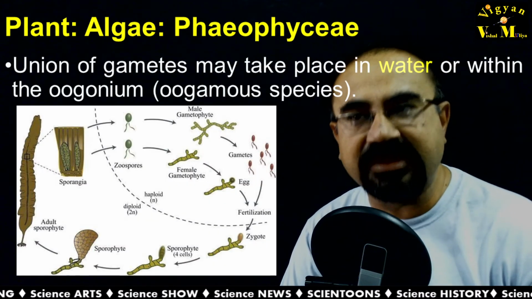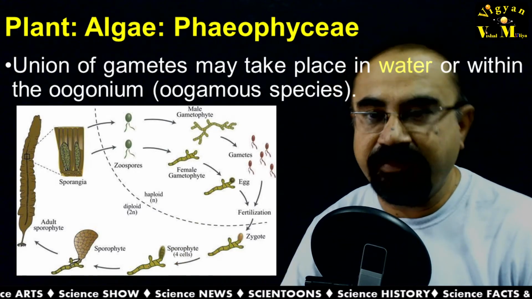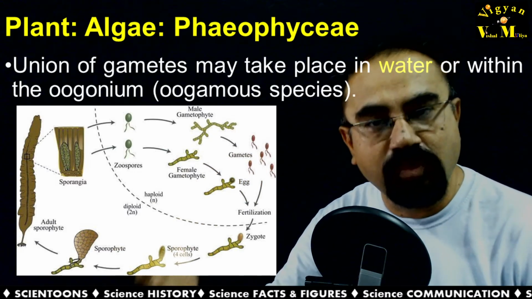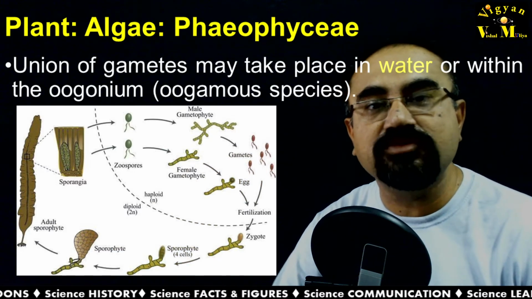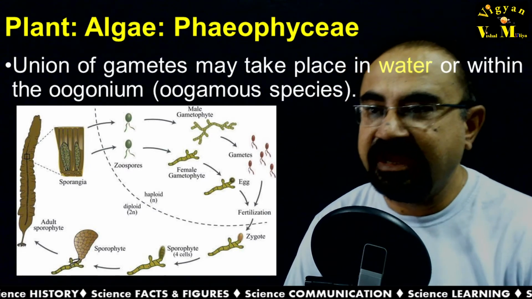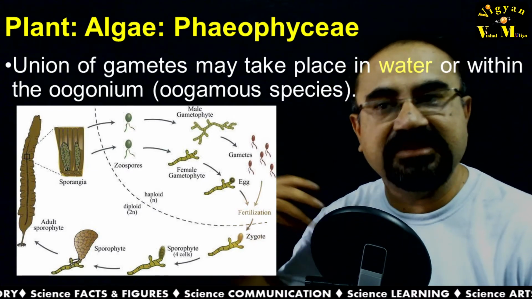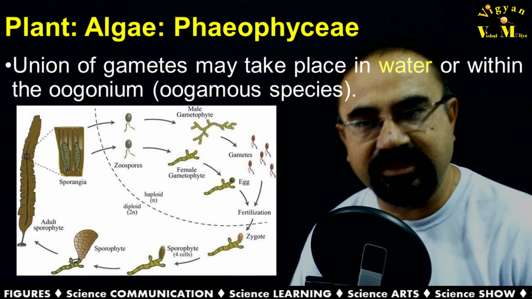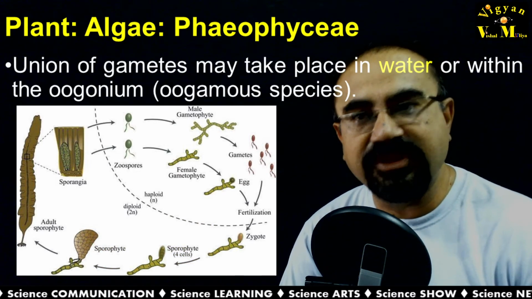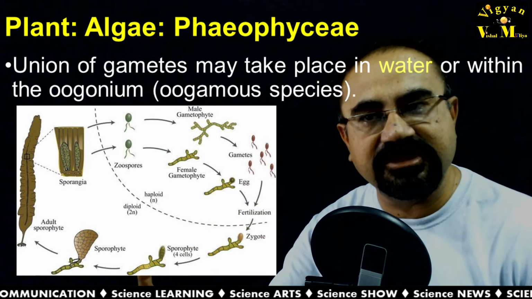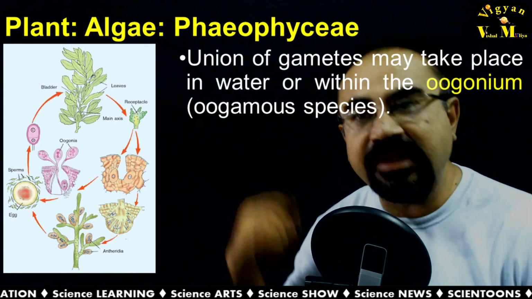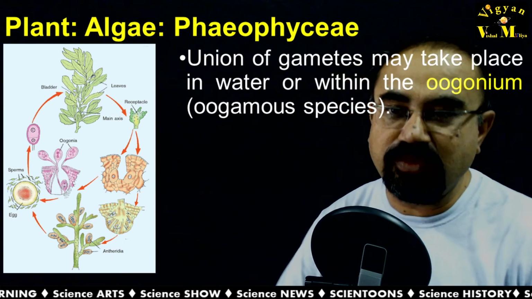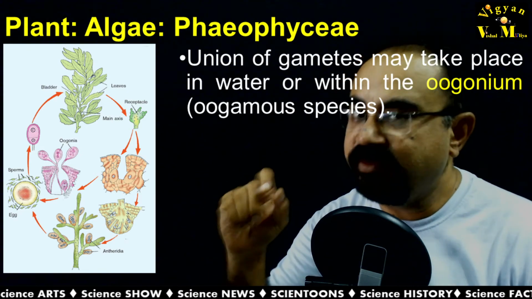Union of these gametes, the fertilization, may take place in the water or may take place in the oogonium, where the species is of oogamous type. And here one can see that gametes are liberated and outside the body there is fertilization in this photograph. So it is there in the water. The fertilization is taking place in the water, while in the case of Sargassum one can see the presence of oogonium, and in the oogonium it is fertilized.